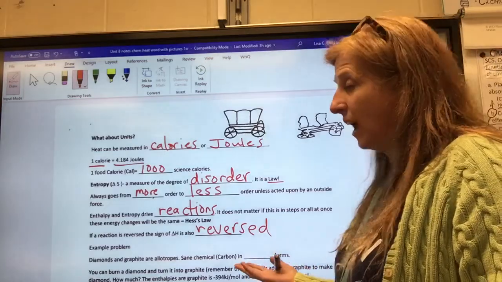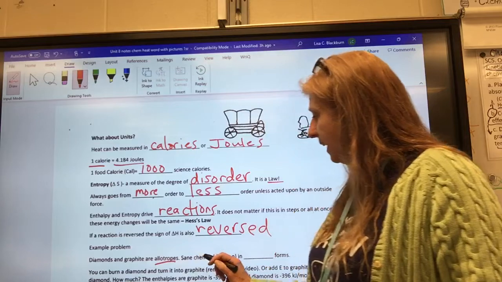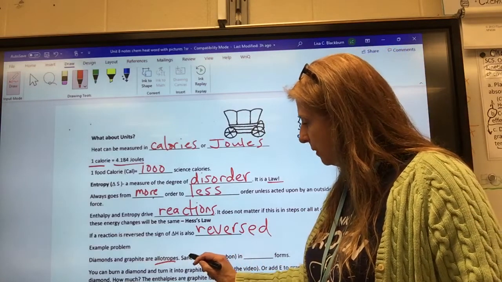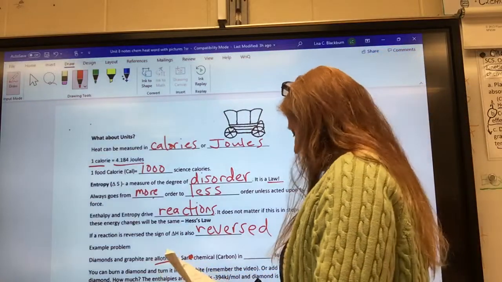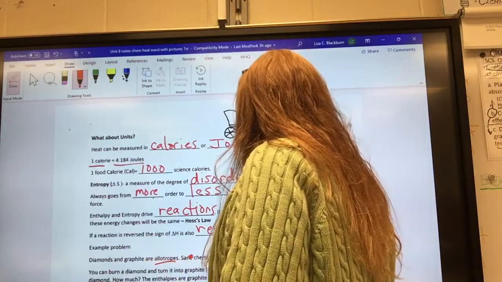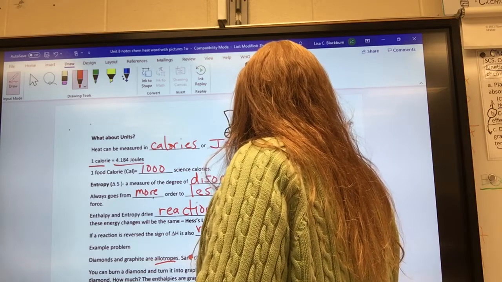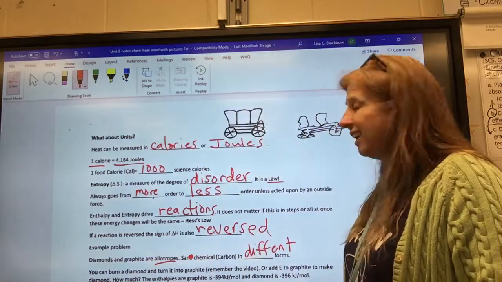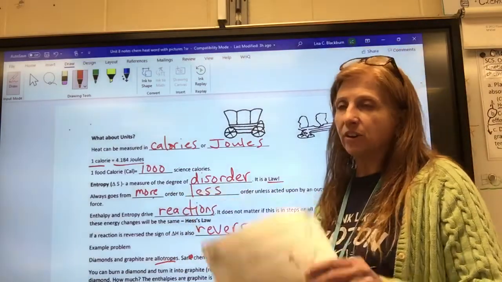Diamonds and graphite are allotropes. Allotropes is just a fancy science word meaning the same chemical, carbon, but in different forms. They have different bonds. Is there not a symbol in chemistry for different? No? We need a different one. So they're different forms.